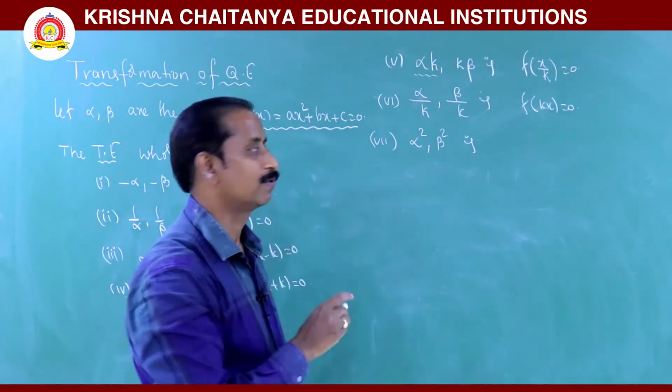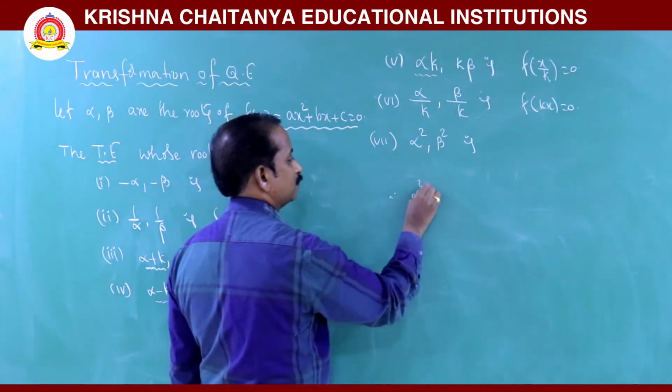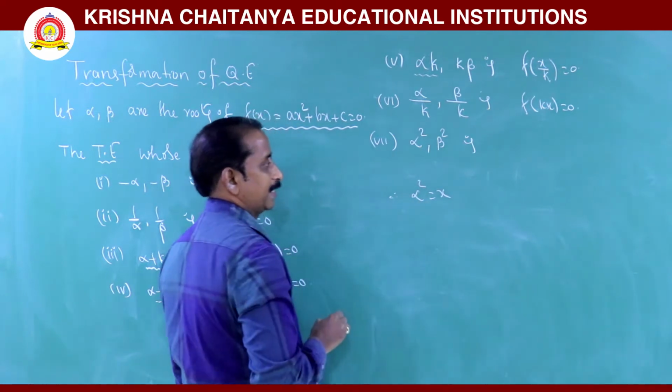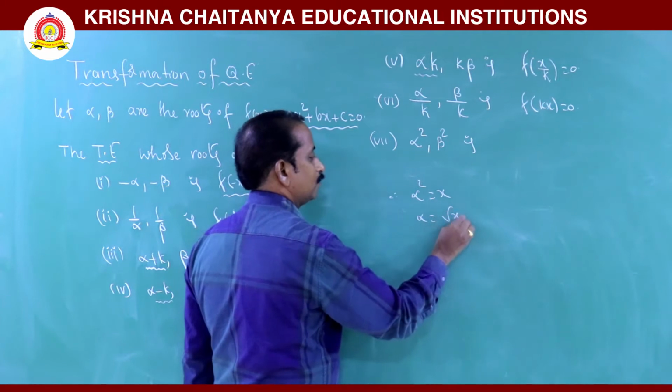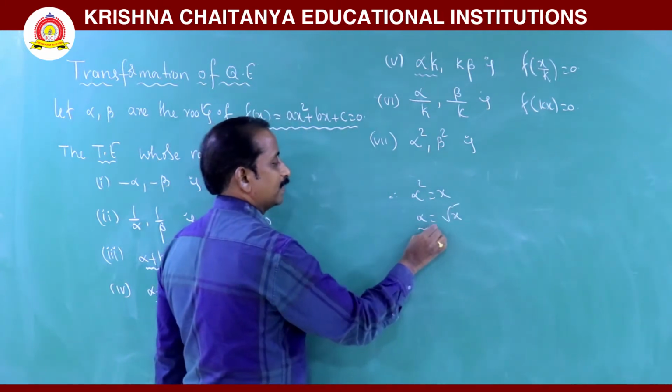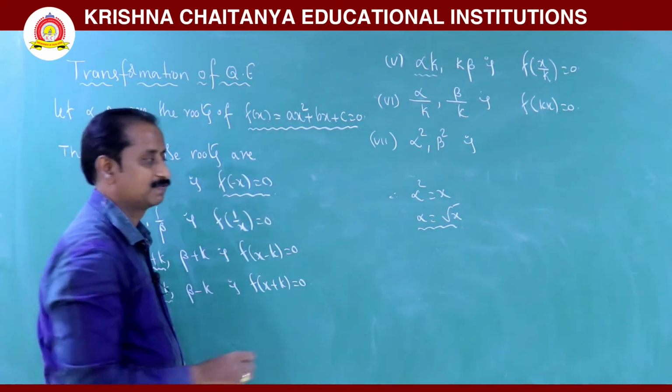So now we move to the proof. Now one of the roots is taken as x. So alpha square is equal to x. From this I can write alpha is equal to root x. But alpha is a root of this polynomial, which means it satisfies it.